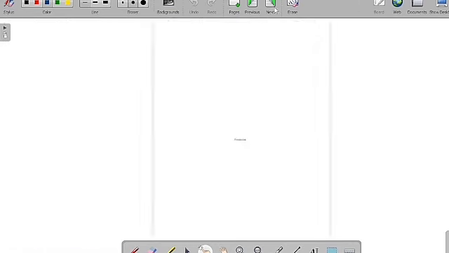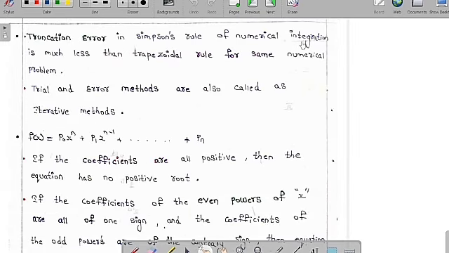It's a general equation. Error in Simpson's rule of numerical integration is much less than the trapezoidal rule for the same numerical problem. So we can see clearly that the truncation error in Simpson's rule of numerical integration is much lesser than the trapezoidal rule for the same numerical problem. This is a very important point.